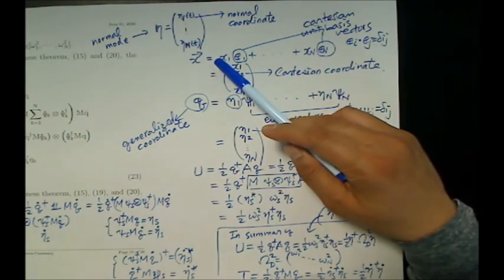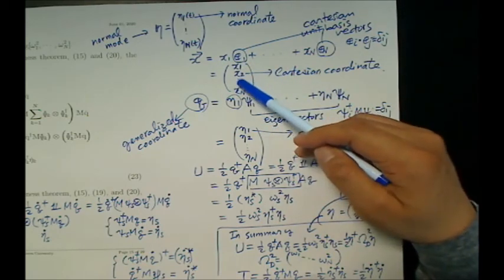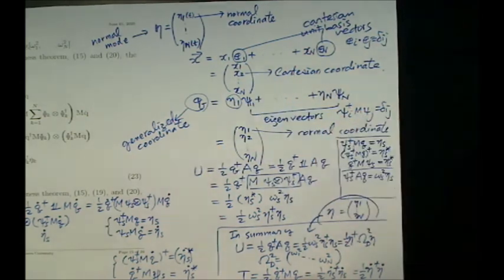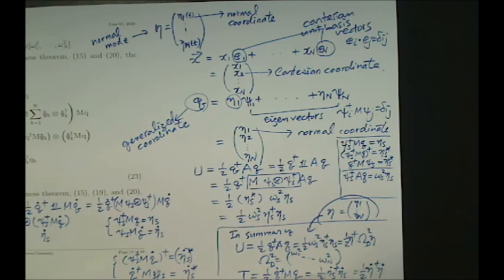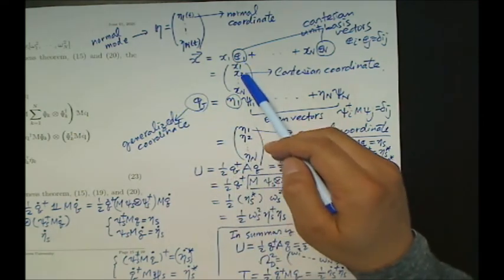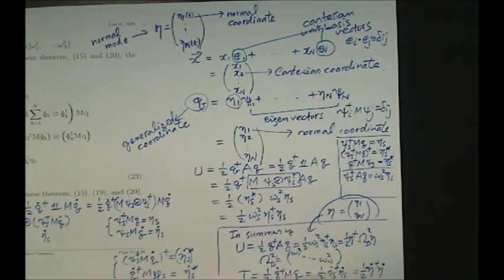These x1, x2 are the Cartesian coordinates of the Euclidean vector. In generalized coordinates, we can also express everything in terms of Cartesian coordinates.